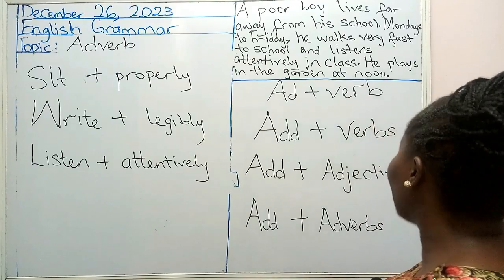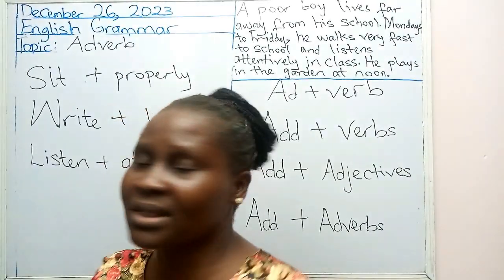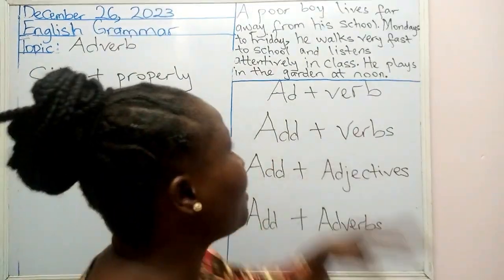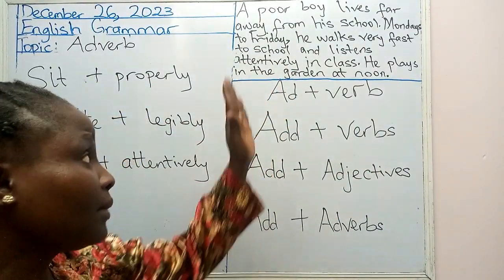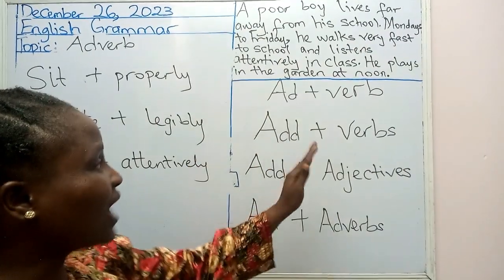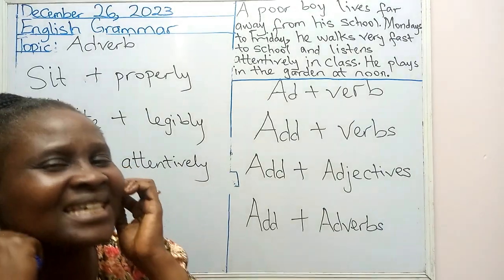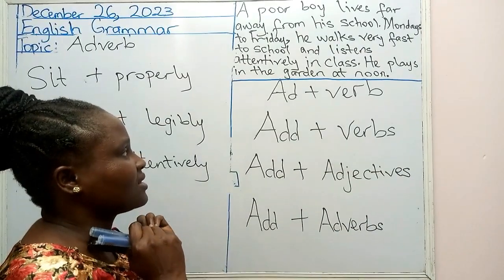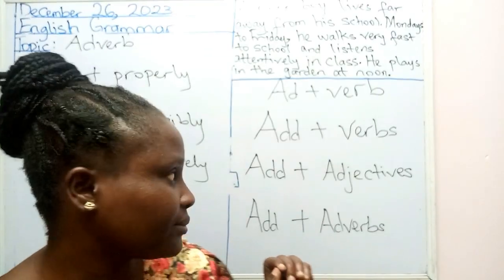Let's look at a story. The storyline says, a boy lives far away from his school. Mondays to Fridays, he walks very fast to school and listens attentively in class. He plays in the garden at noon.